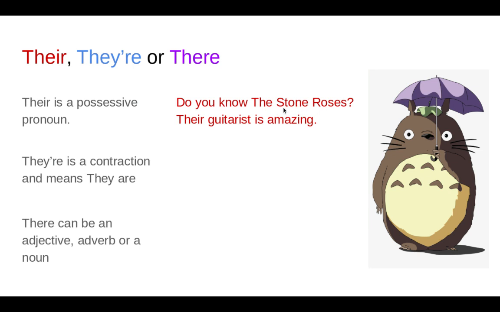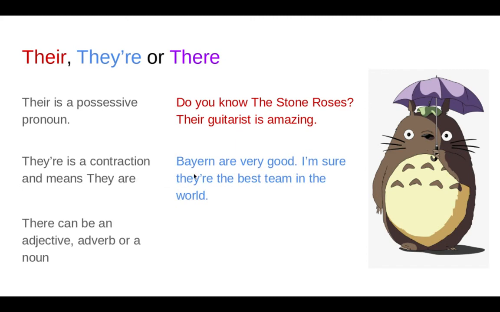Okay, Stone Roses are a rock band and they own the guitarist. Okay, so possessive. They're is a contraction and means they are. So, Bayern are very good. I'm sure they're the best team in the world. I'm sure they are the best team in the world.